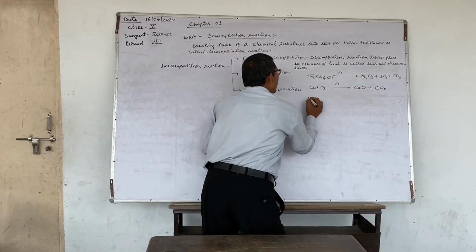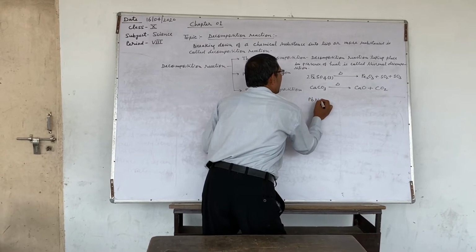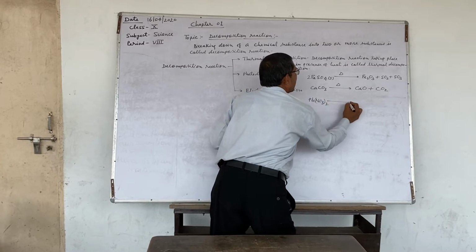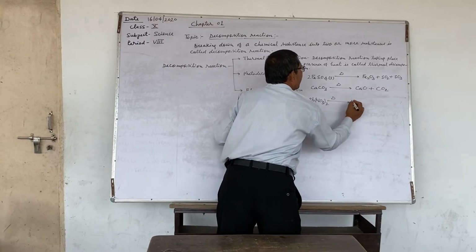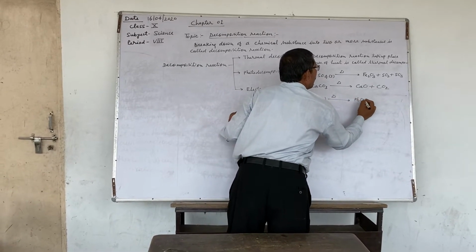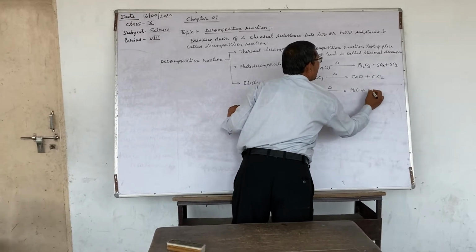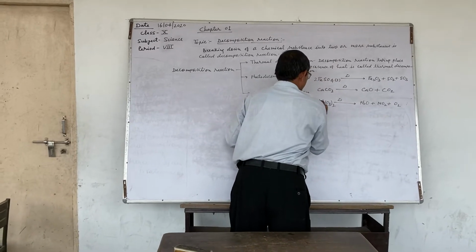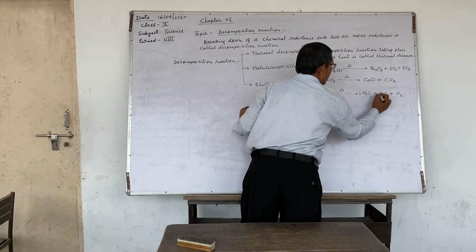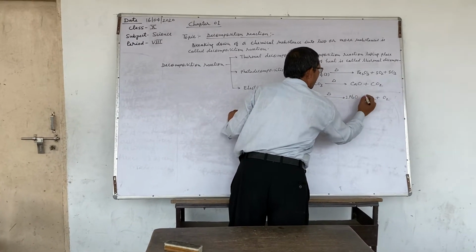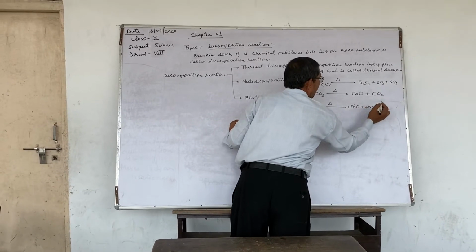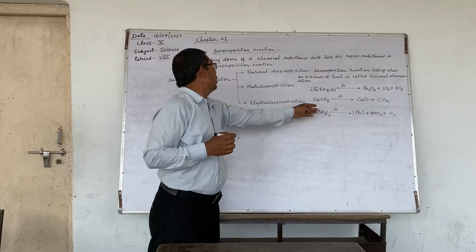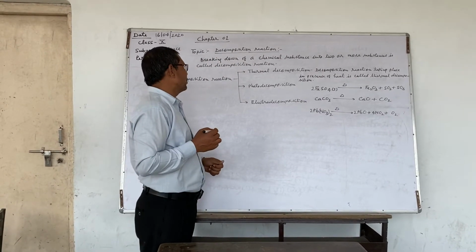Similarly, when lead nitrate, Pb(NO3)2, is heated, we get PbO, lead oxide, NO2 plus O2. These are some examples of thermal decomposition reaction.